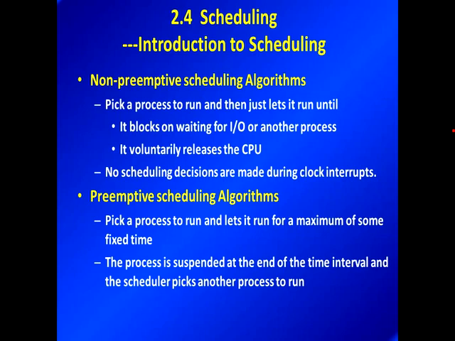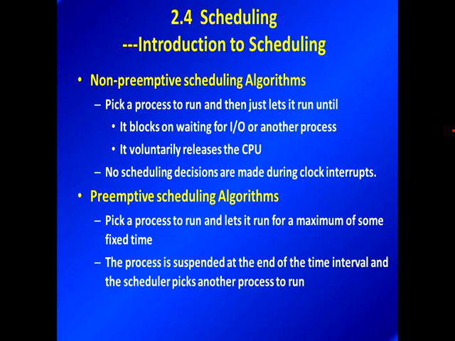But for the preemptive scheduling algorithms, the scheduler can decide to allow a certain process to replace the current process in the CPU, no matter whether this current process wants to stay or leave.